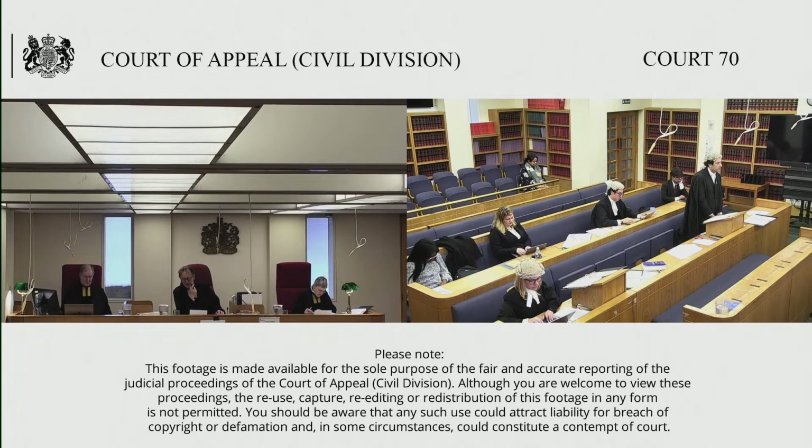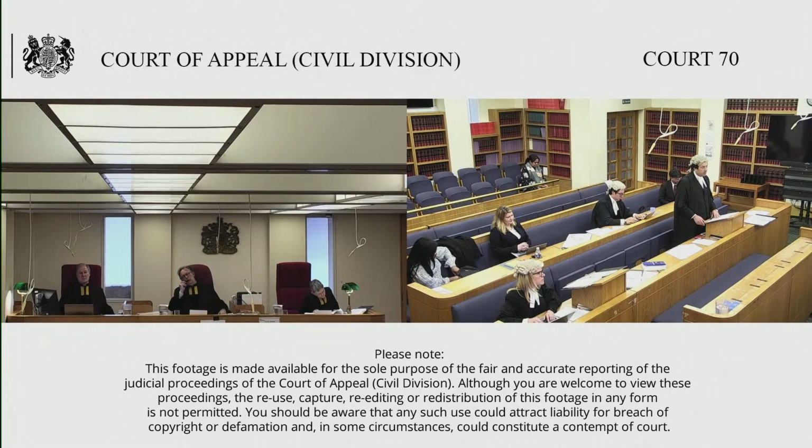The issue in Plaskin was whether a Rule 43 decision by the Upper Tribunal attracts the right of appeal to this court. But I appreciate that this discrete issue is not entirely straightforward.